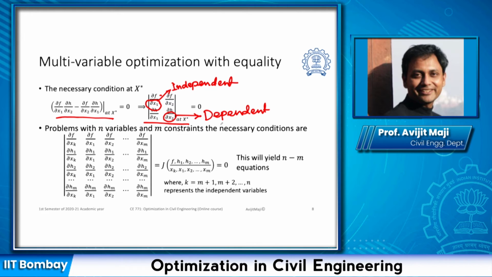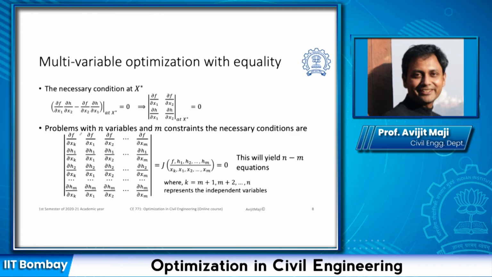So if we can write this for two variables and one constraint, we can expand it for m constraints and n variables in the following way.